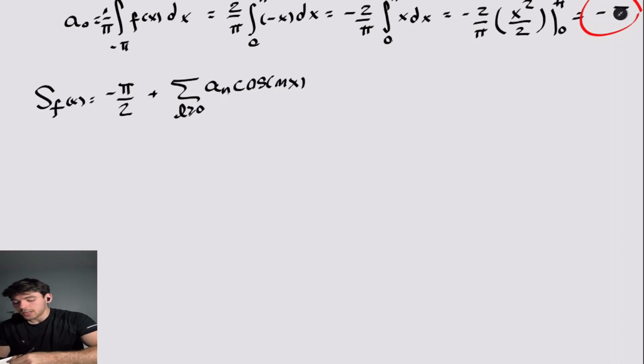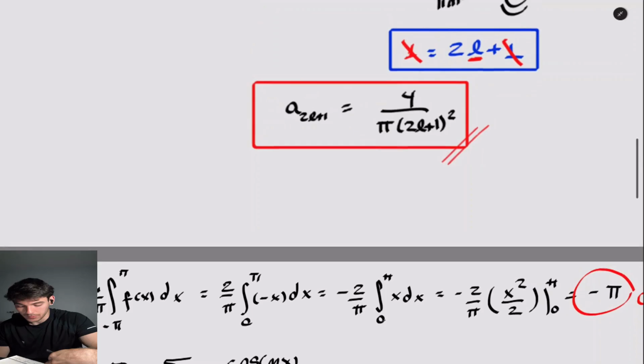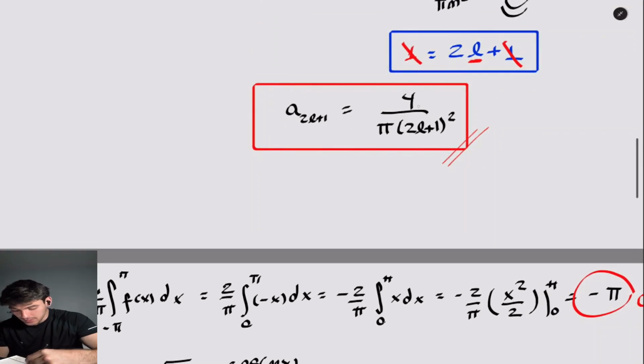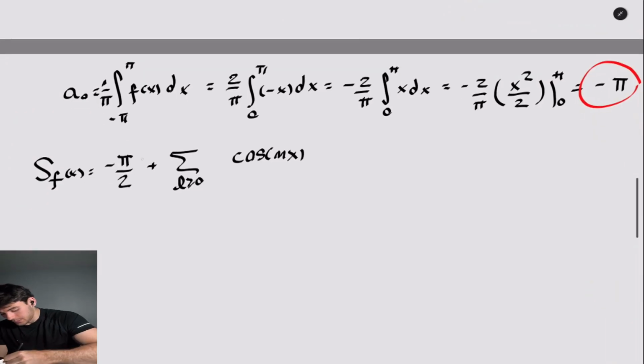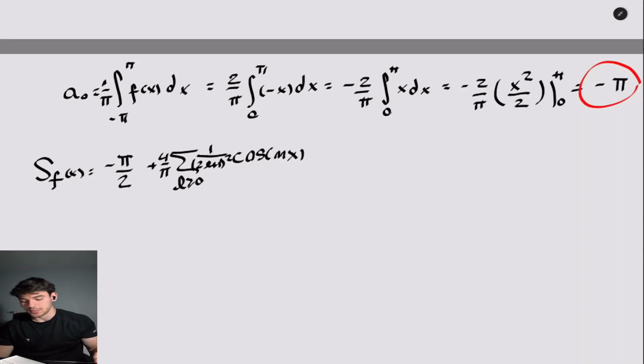So our an will be the a2L plus 1. We just put the value that we've found. So 4 divided by pi is constant, I'll take it out of the sum. And here 1 divided by 2L plus 1 squared cosine of an x.